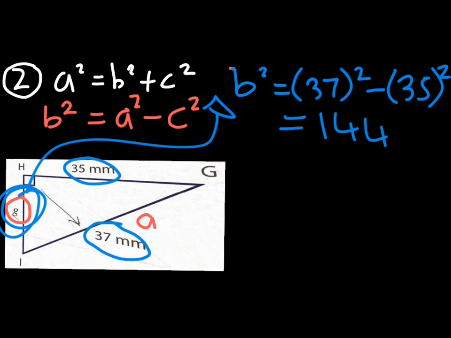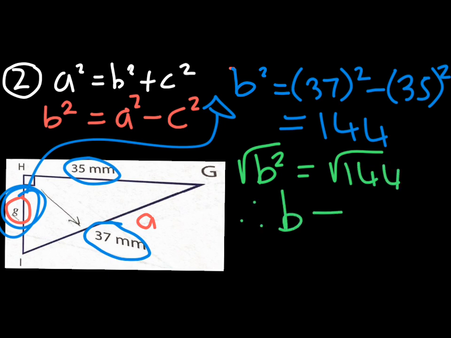And remember, we are not trying to find B squared, we are trying to find B. So we need to square root. So we can say square root of b squared equals square root of 144. Therefore, b equals 12. And we need to keep our units. We're working in millimeters. Therefore, b is 12 millimeters.